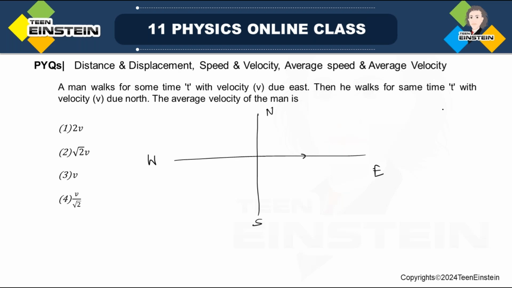Then he walks some time t with velocity v due north. So from here it goes like this. It goes due north. Okay, due north means exactly north direction. Okay, let me just take this as north direction.